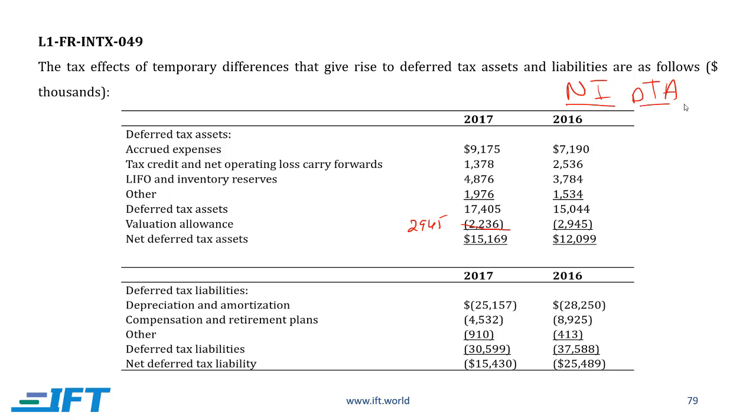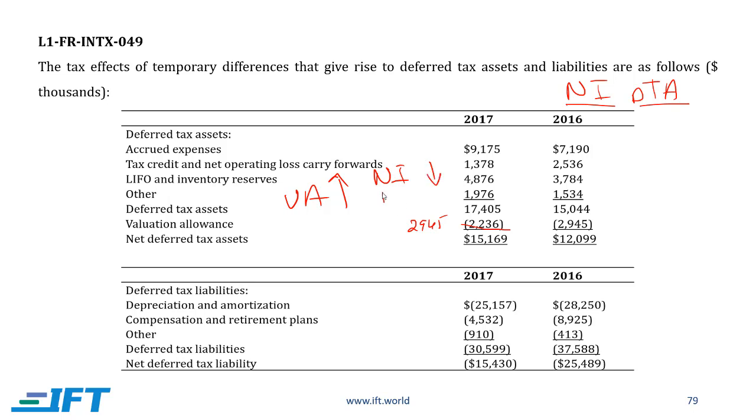And for the deferred tax asset, what is happening? Instead of reducing 2236, you are reducing what to the deferred tax asset? Are we reducing or increasing the deferred tax asset? If we increase the valuation allowance, what is happening to your profitability?